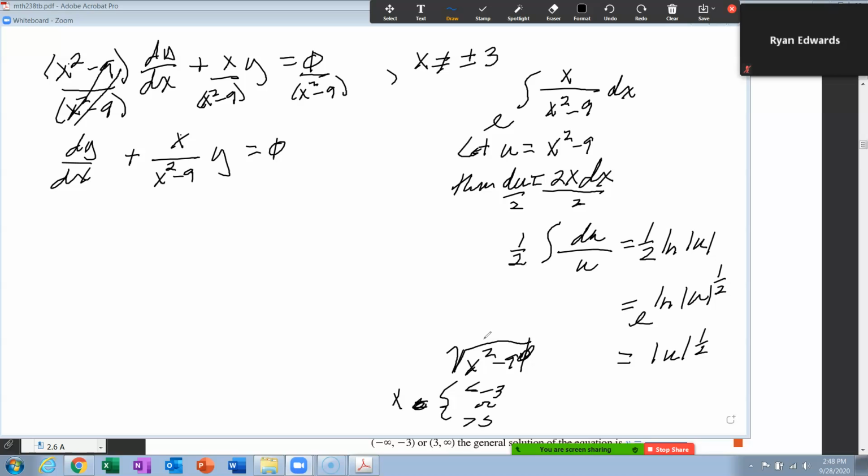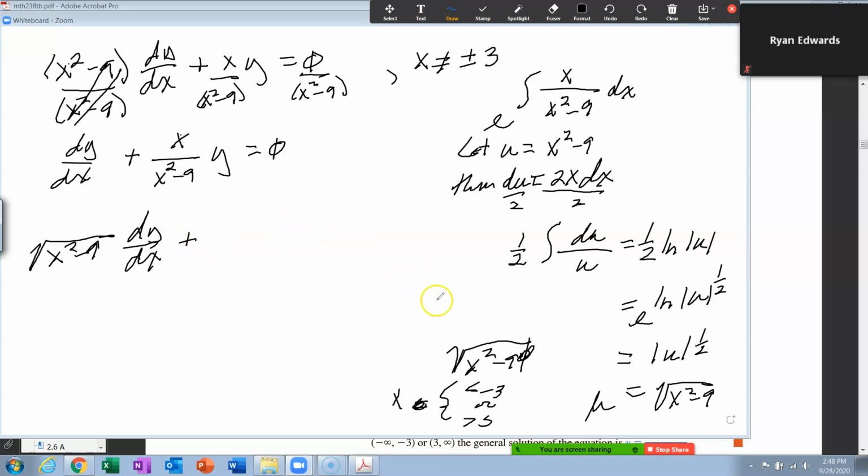All right, but let's proceed with our thing. This e to the u, which is this thing here, I'm going to rewrite this as the square root of x squared minus 9. This is our integrating factor. So let's take it and multiply it by everything. That would give you the square root of x squared minus 9 dy dx plus.